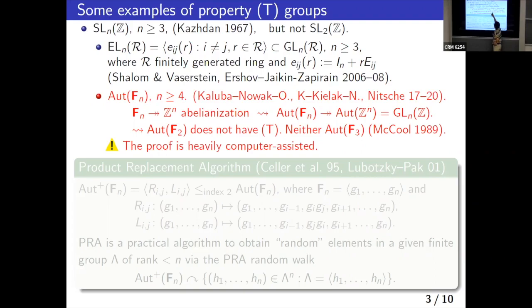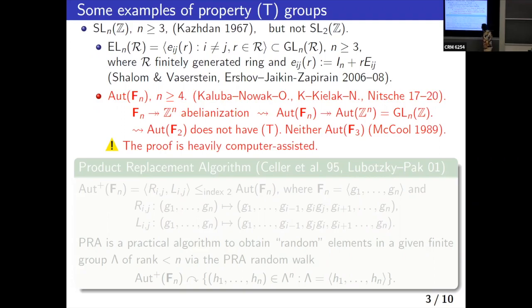this induces a map from Aut Fn to Aut Zn, which is suggested by Nielsen's theorem. So Aut F2 does not have property T because SL2 does not, and it's a bit surprising, or not surprising, I don't know.